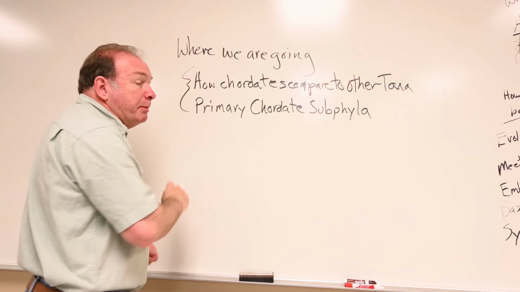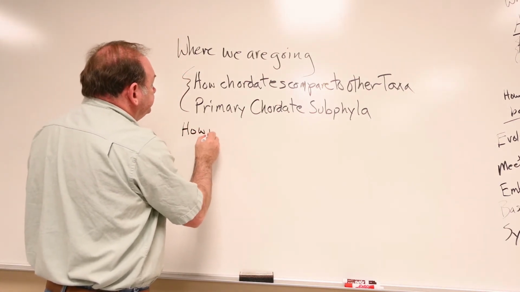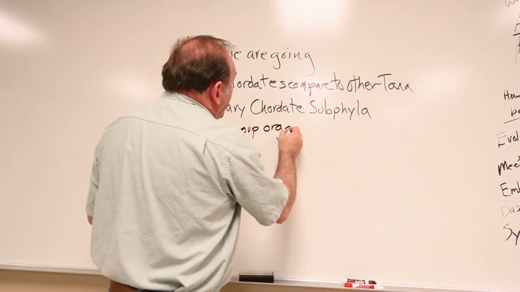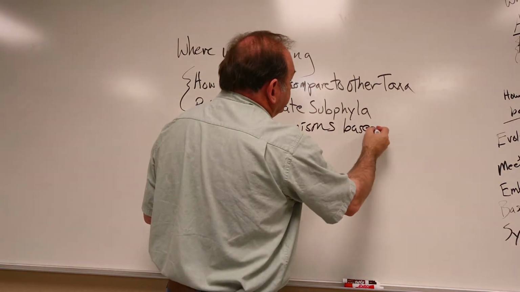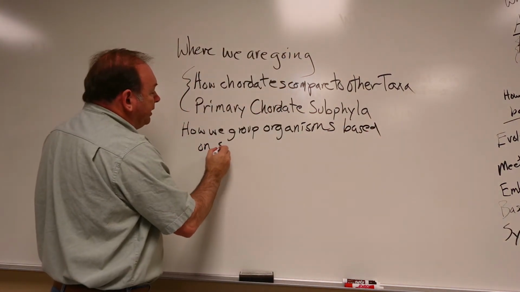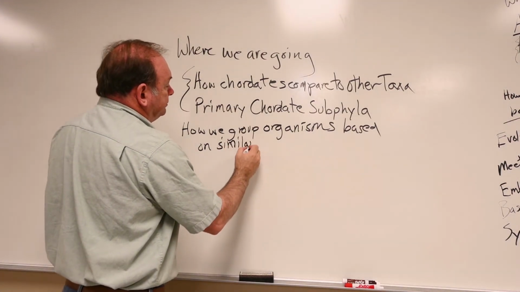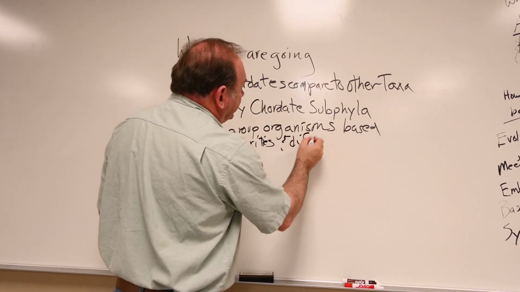Next we'll talk a little bit about what we call phylogeny. This is how we group organisms based on similarities and differences.